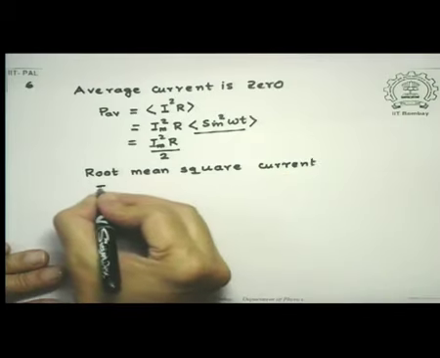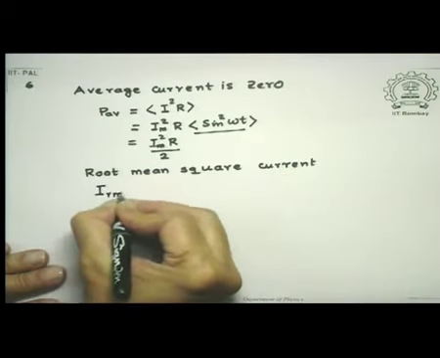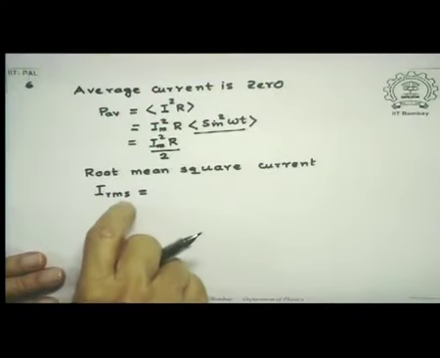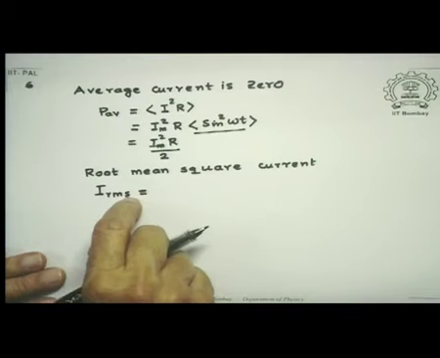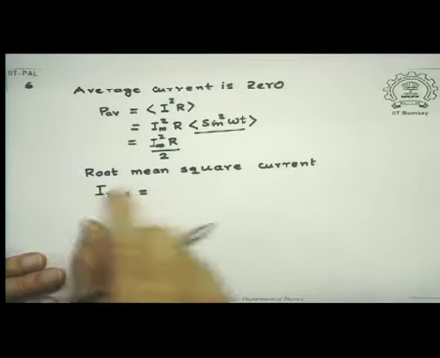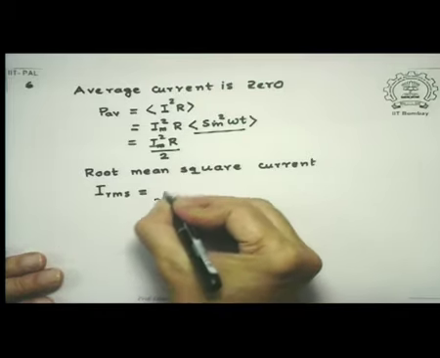Usually denoted by IRMS. I can similarly define root mean square voltage, but let's stick with this now. As the name suggests, the root mean square is: take the square, take the mean of the square of the thing, and then take a square root of it. So the way one defines it is like this.